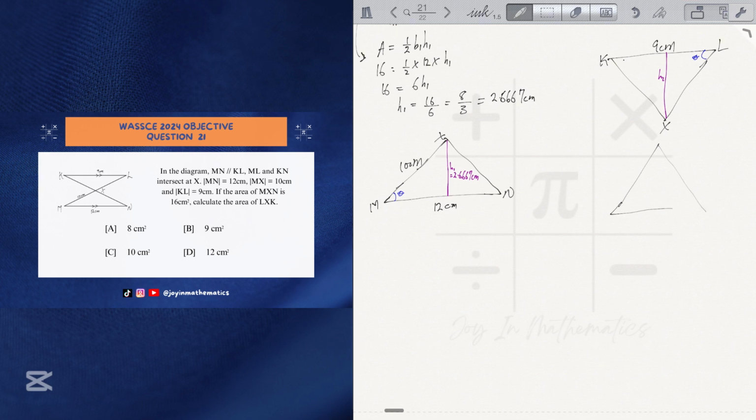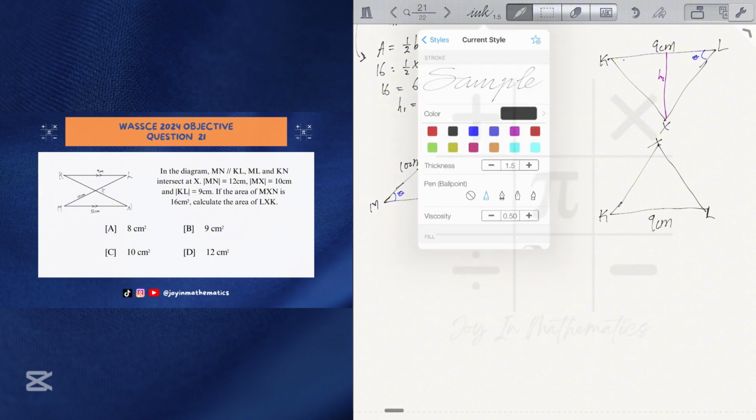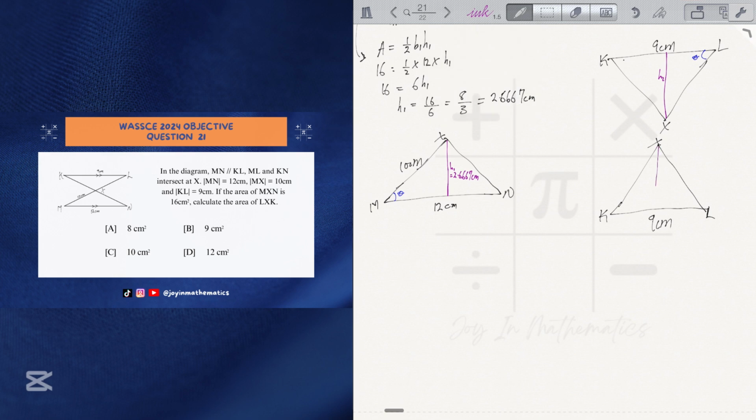Redrawing it with a black ink, we will have X, K, and L. The base is 9 centimeters, and the height that we're looking for is H2, and there is an angle theta at this location.